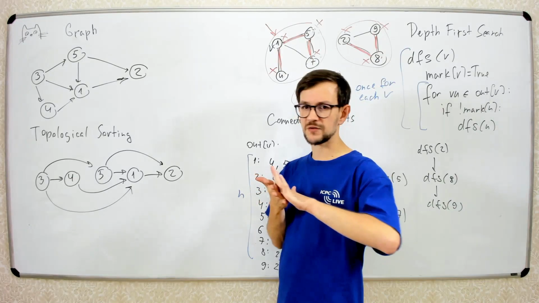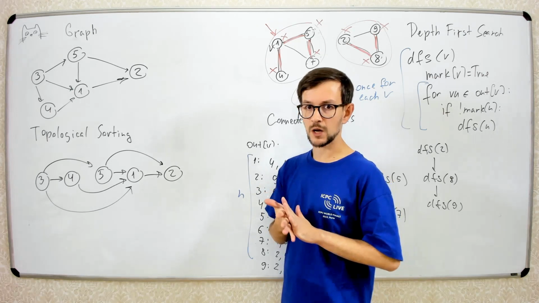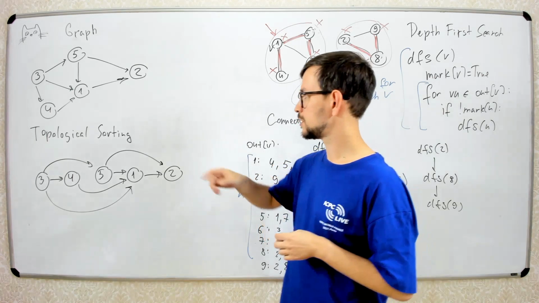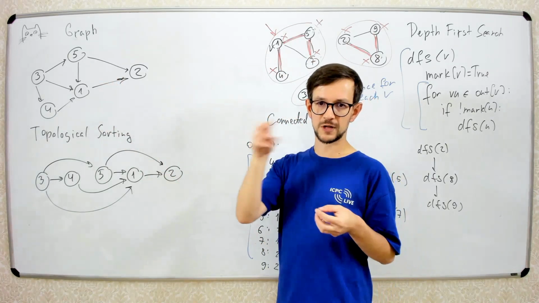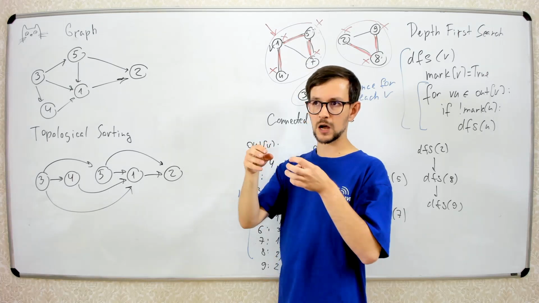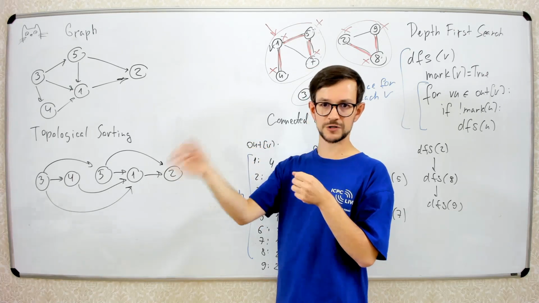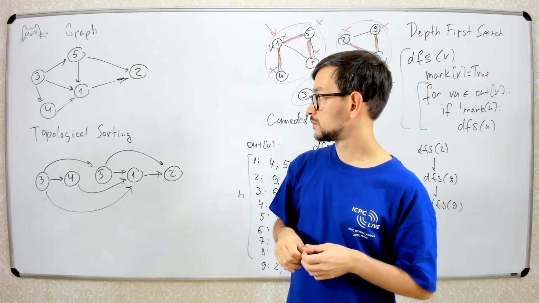For example, you have some libraries, and you have some dependencies. Each library depends on some other libraries, and you want to load these libraries in some order such that when you load some library, all the dependencies are already loaded. This is actually how it works.